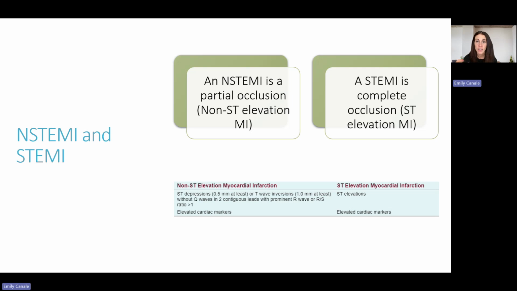So not as much. If you're looking at a STEMI, you're thinking a complete occlusion of one of those major coronary vessels, and so you're going to have full thickness heart muscle damage. So that is going to be a little bit worse.